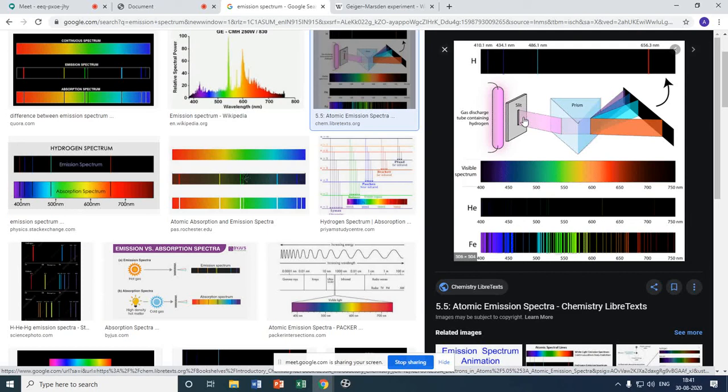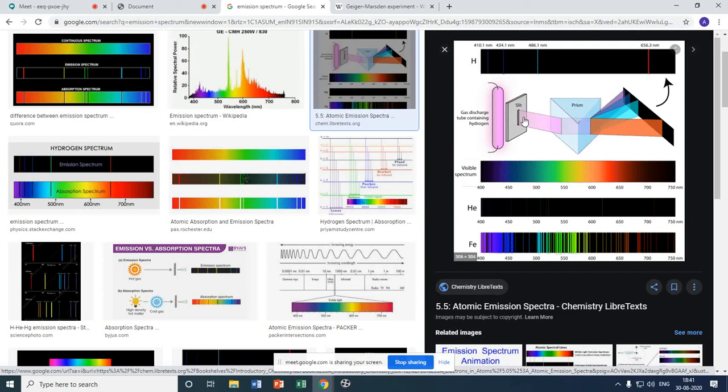That light is passed through this very thin slit. The purpose of the slit is to make the light more of a beam.